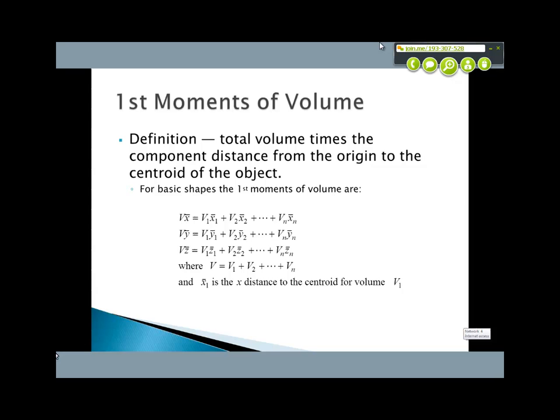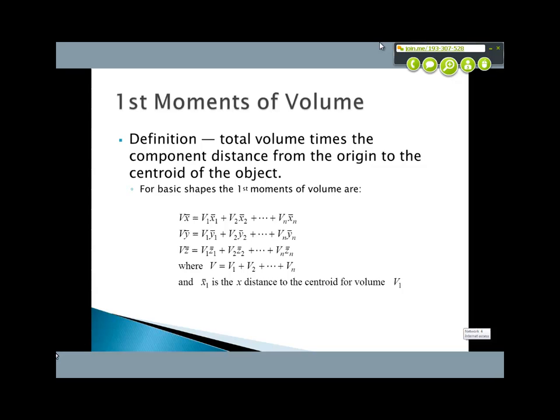The way you compute the first moment of volume is by taking one of those discrete volumes, V1, and multiplying that times its X center of mass, and you add that to the next volume V2 times its center of mass, plus, and all the way out till you get all of the volumes multiplied times their X or their Y or their Z location.